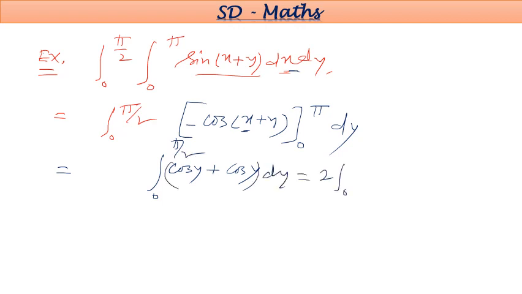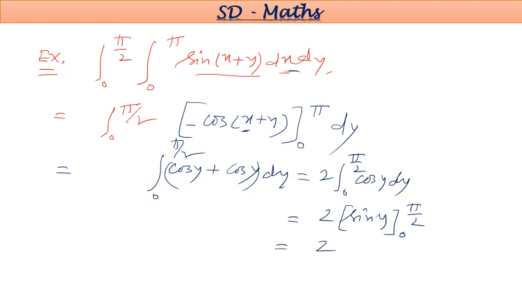So 2 integrate 0 to pi by 2 cos y dy. Therefore 2 sin y, 0 to pi by 2. So sin of pi by 2 means 1 and sin 0 means 0, so 2. The right answer will be 2. Therefore the value of this will be 2, right? So you are given some options like 2, 3, 4, 5, 6. So among that, the right choice should be 2.